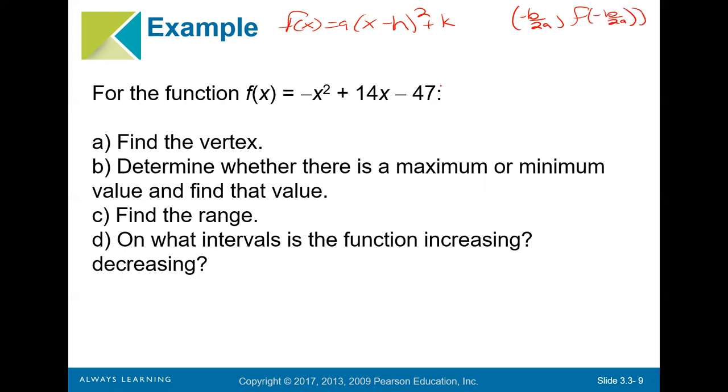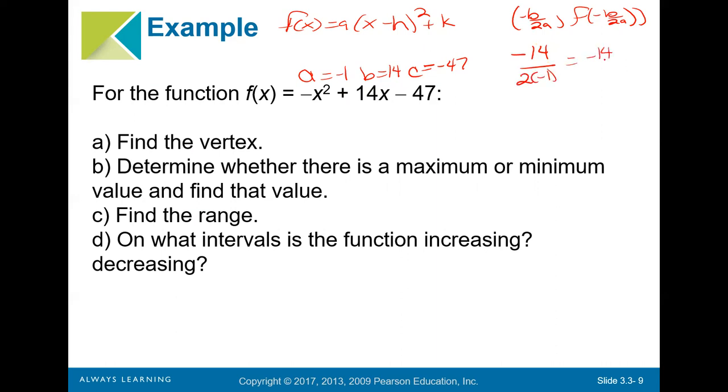So let's do it. So what is A? A is -1, B is 14, C is -47. So let's plug it in. Negative B, so negative times, so -1 times B, which is positive, and then A is -1.